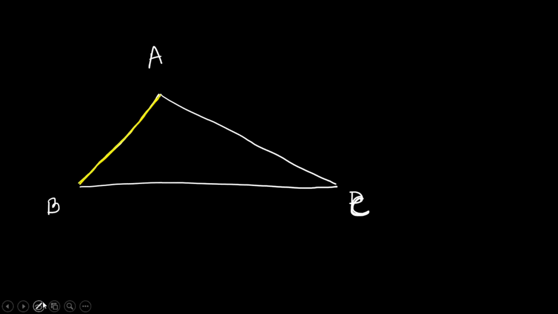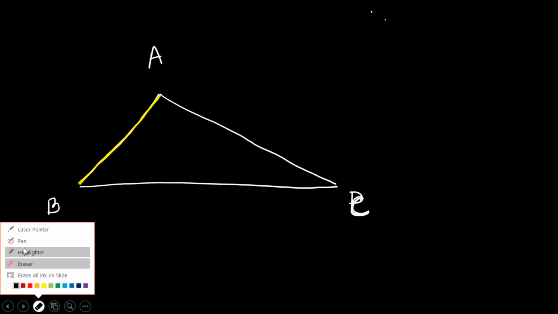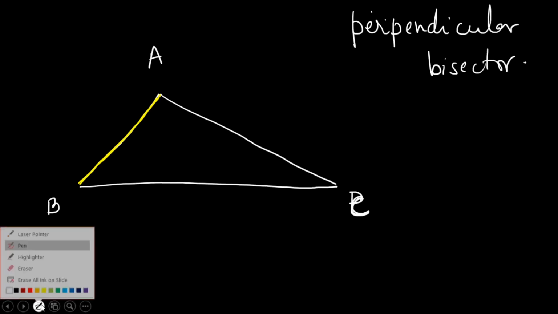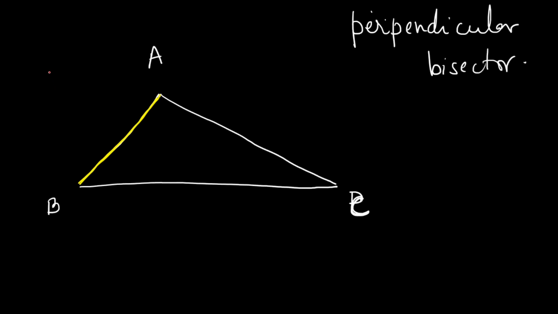Remember that the theme of the whole video is the perpendicular bisector. So let's just make sure that we highlight what we're talking about. Okay, so let's proceed to draw the perpendicular bisector of one of the sides. So it goes like this. So it is a perpendicular and it's a bisector.